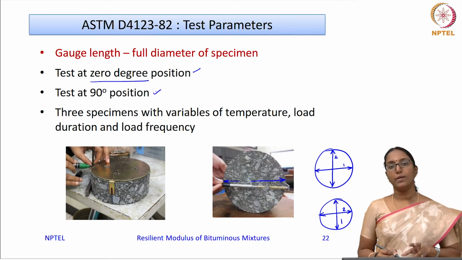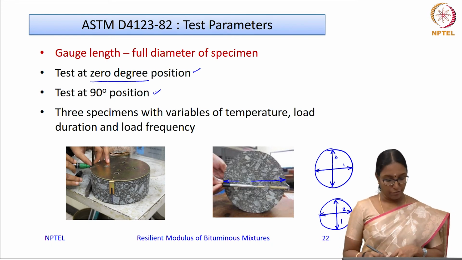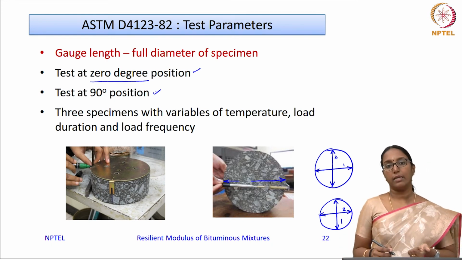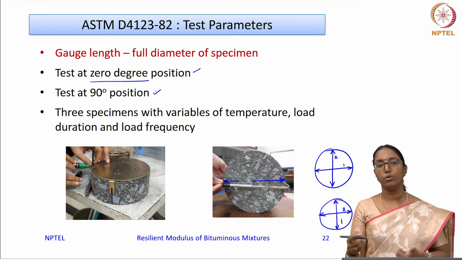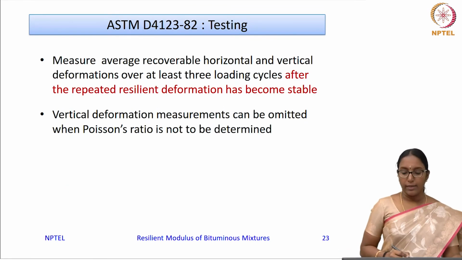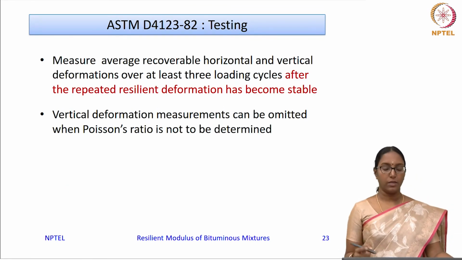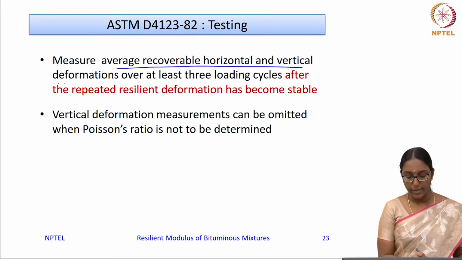Okay. And always you test at least 3 specimens to check the repeatability of results. Again, the test can be conducted at a particular temperature. For the 3 specimens, you can go for 3 different load durations as well as frequencies. Now, for every test, you measure the recoverable horizontal and vertical deformation.